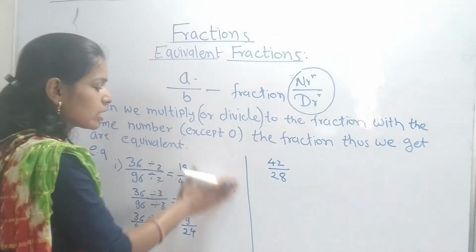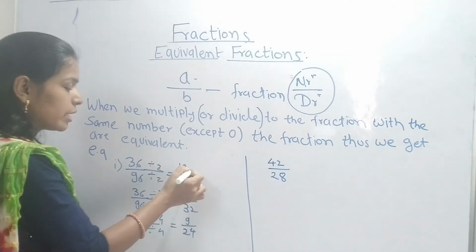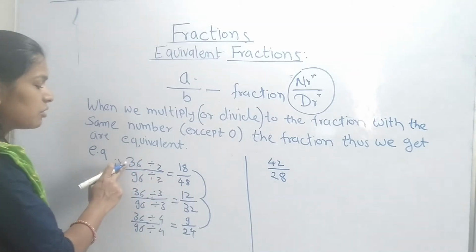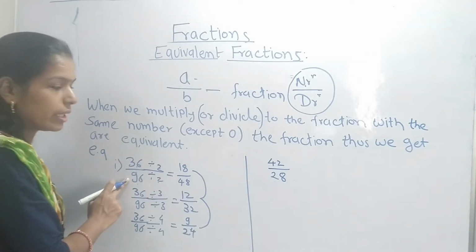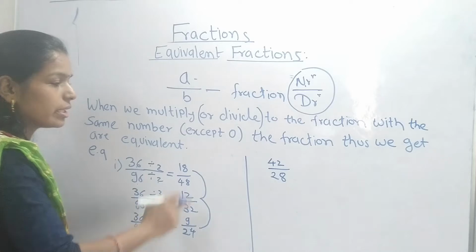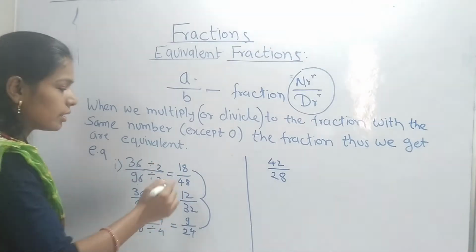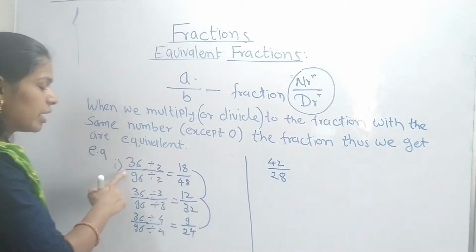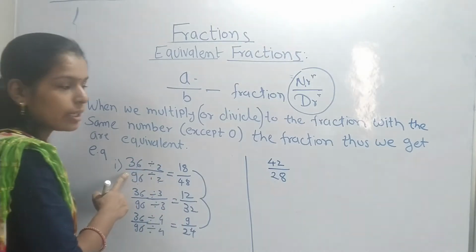So these fractions, which fractions? 18 upon 48, 12 upon 32, 9 upon 24. These are the equivalent fractions of 36 upon 96. Okay, got it? 18 upon 48, 12 upon 32, 9 upon 24 are the equivalent fractions of 36 upon 96.